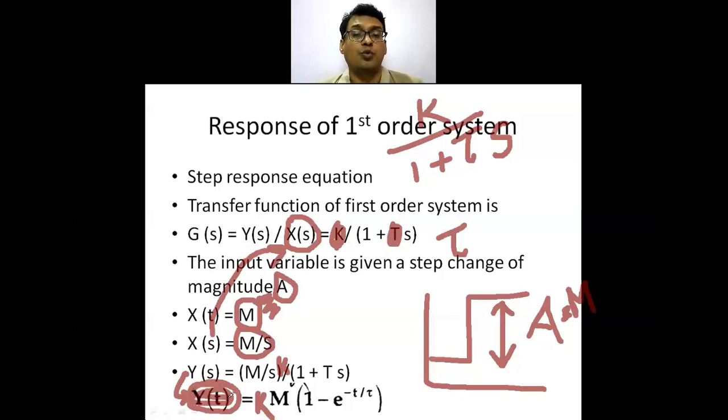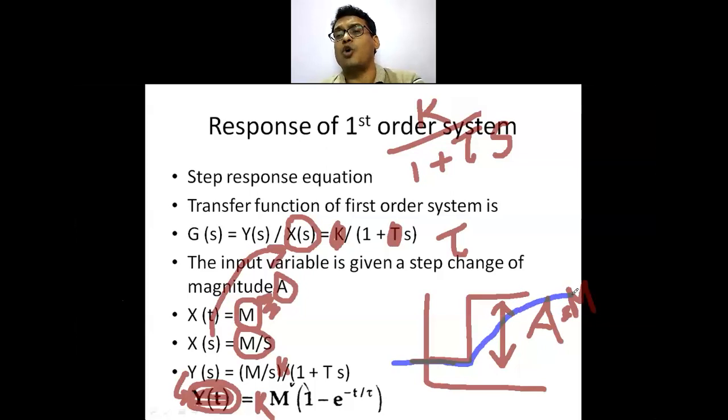What will be my output when I change this step? The output is going to vary. Initially this is the output, but with this step change suddenly it is going to start increasing in this manner.